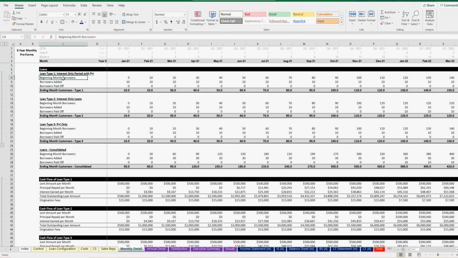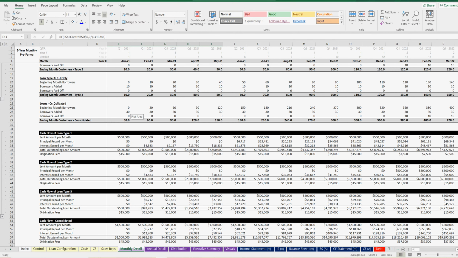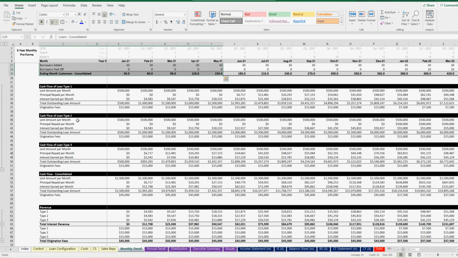So you've got borrowers added, borrowers paid off, ending borrower count for each type. This is all referencing the matrix tabs to figure out accurate figures. Consolidated totals, cash flow for each type, which is going to be the amount lent out per month, the principal collected back, interest earned, total outstanding loan amount, origination fees.